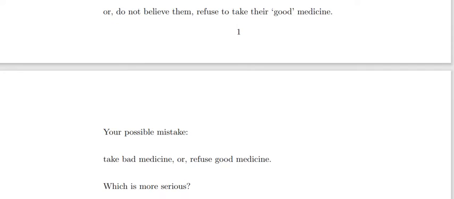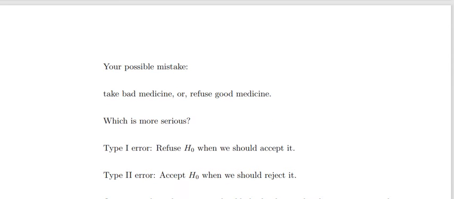The mistakes we may make are: they say the medicine is good, but we refuse it, or they say the medicine is good but their claim is not true, it is bad medicine, and we believe them.